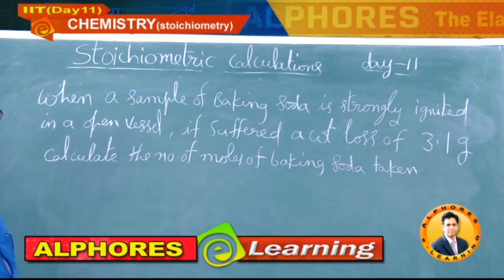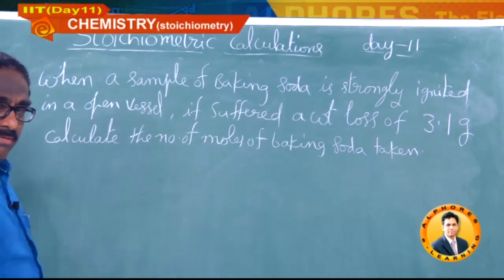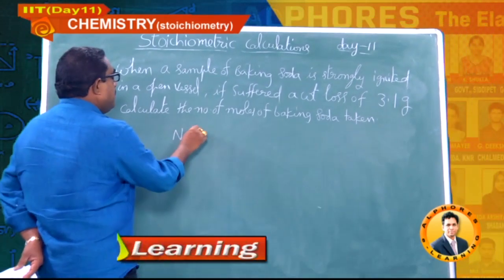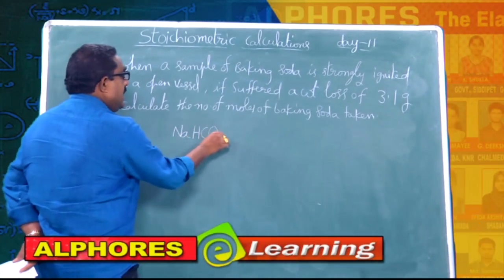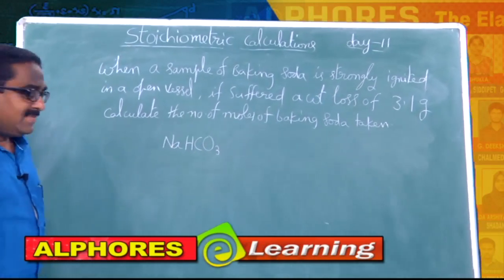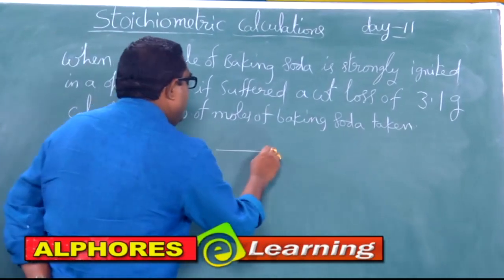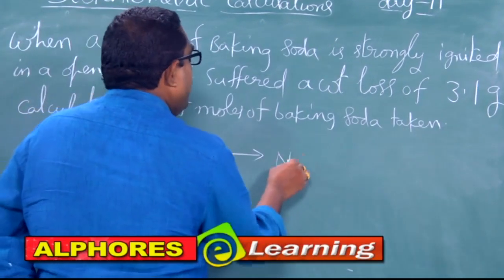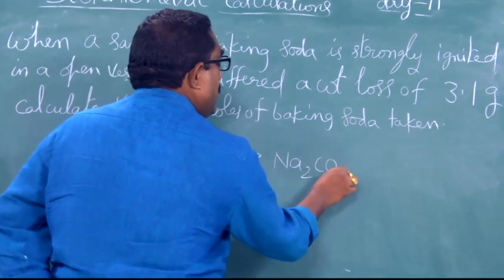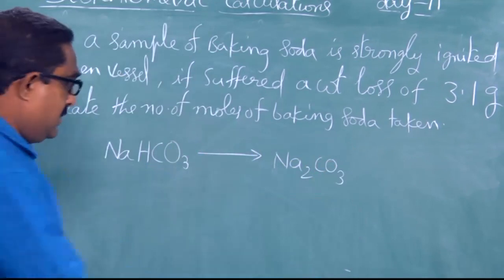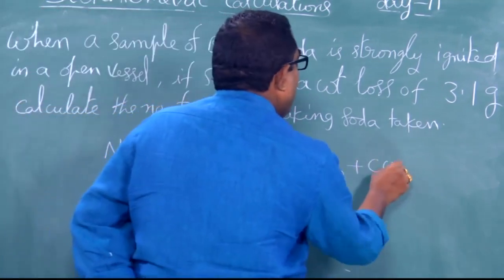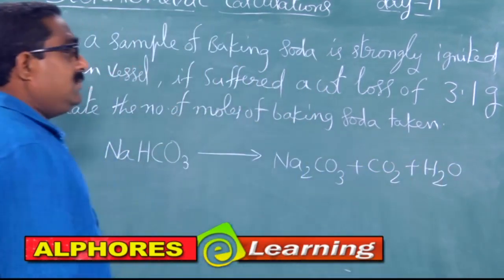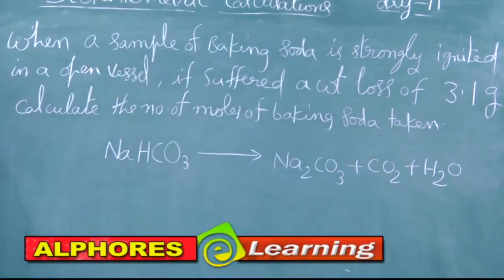Okay. Now, let us solve this. Baking soda means sodium bicarbonate, NaHCO3. This always on heating decomposes, forms sodium carbonate, CO2 and H2O.